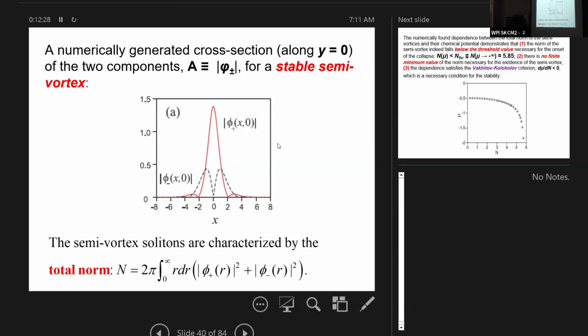Of course, if we have the vortical component, it must have 0 at the central point, which we observe here. So they're well localized, and this is an example of such a semi-vortex soliton, and this family of semi-vortex solitons can be naturally characterized by the total norm, of course.